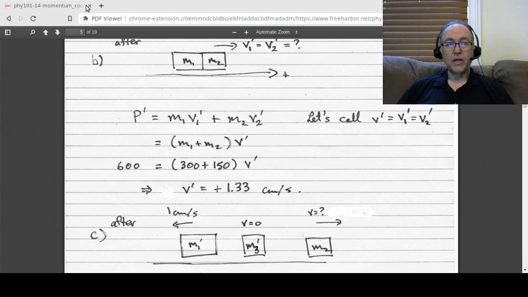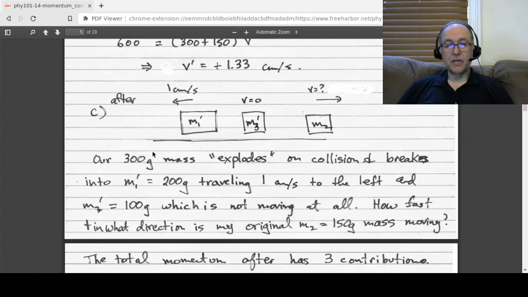Okay, great. Here's part C. In part C, the before picture is still the same. I have my 300 gram mass breaking apart, exploding, into a 200 gram piece, which I called M1 primed, and another piece, which I called M3 primed, that's 100 grams.